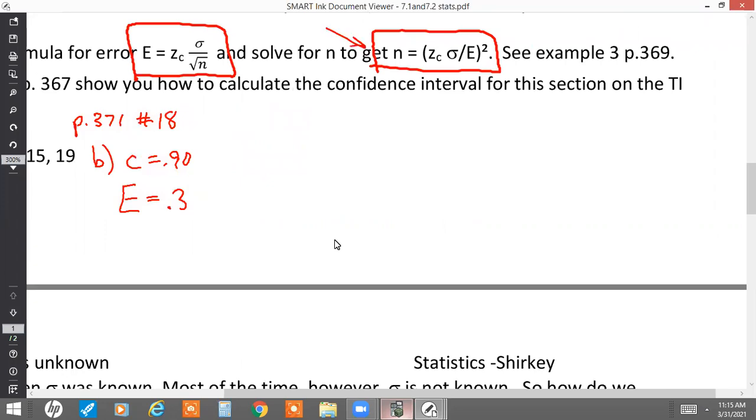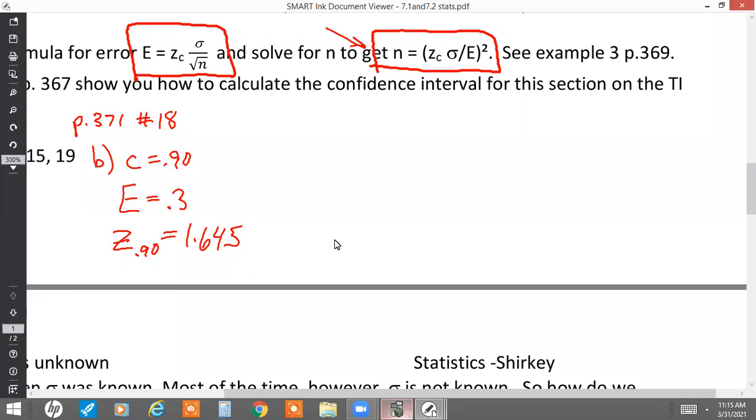So we're doing this thing right here. We need the Z value for a 90% interval, right? Z sub C. So Z sub 0.90. And on the table, that was 1.645. If you look at table 4B, right?